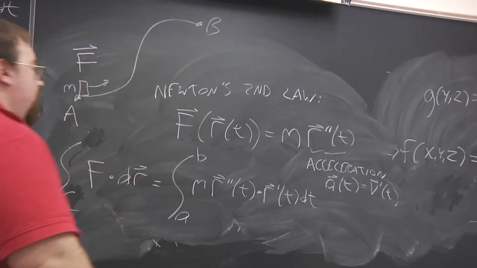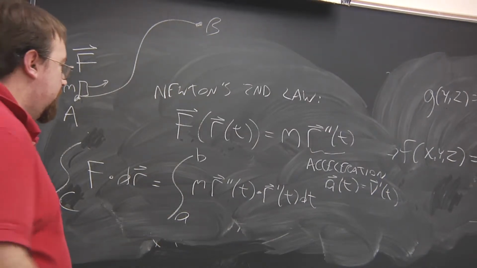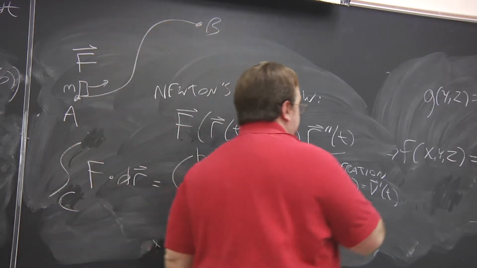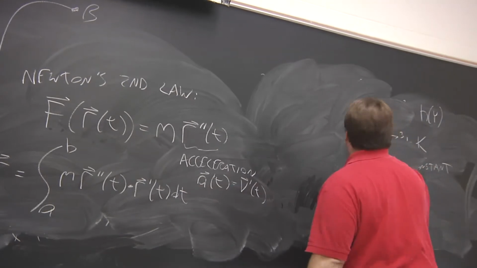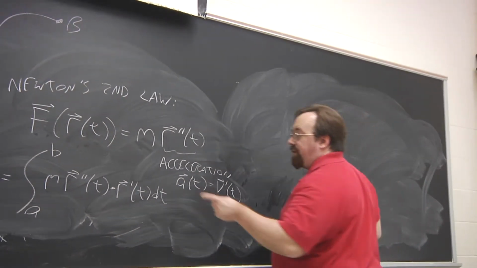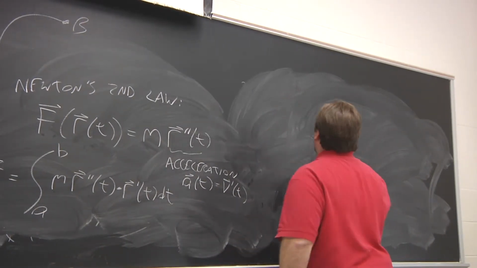Okay. Now, it turns out that this is something that we can evaluate. Now, m is a constant, we're assuming here, so we'll just pull that out. Now to see what this is the integral of, I'm going to specialize to the one variable case.